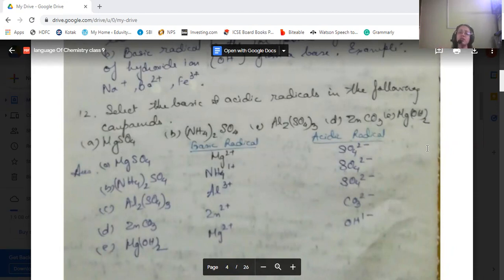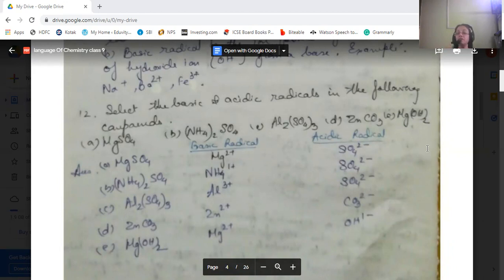Like that, in ammonium sulfate, ammonium ion is the basic radical and the acid radical is the sulfate ion. In aluminium sulfate, the aluminium ion is the basic radical and the acid radical is the sulfate ion. In zinc carbonate, the zinc ion is the basic radical, whereas the acid radical is the carbonate ion. Then magnesium hydroxide: magnesium is the basic radical and hydroxide is the acid radical.